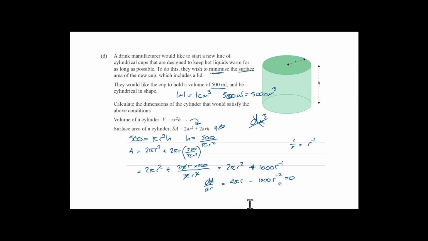So how are we going to do that? So 4 pi r must be equal to, and I'm going to put this back over r squared like that, because I added 1000 over r squared to both sides, and then I'm going to cross multiply. So this is over 1, so r squared times 4 pi r equals 1000.